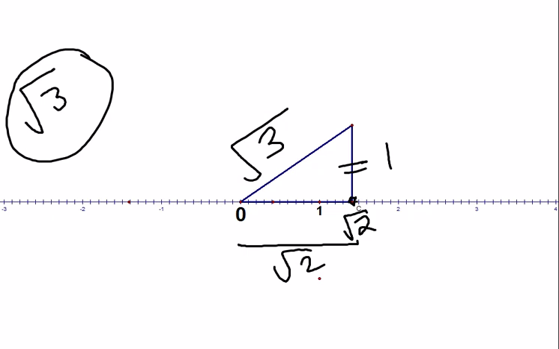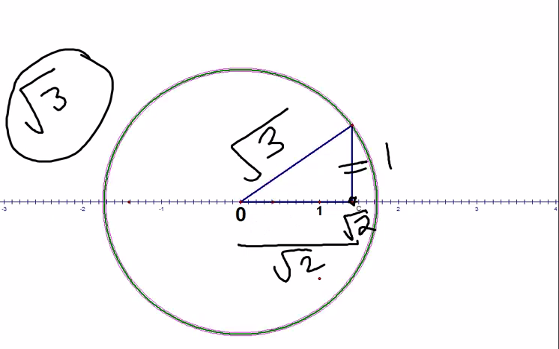So as before, the way you had gotten square root of 2, what you can do is just go ahead and take this as center, this as radius, and just make a circle. And here you got square root of 3 as the intersection of the number line and the circle.